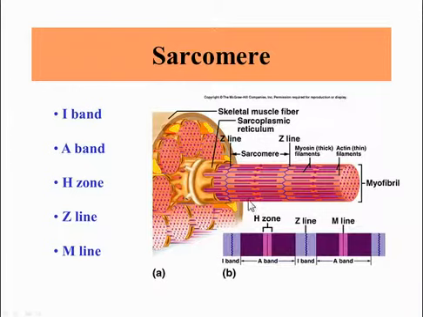If you have a layer of this thick myosin and then a layer of this thin actin, in this area right here, you're looking through a very thick layer of tissue sample. So it's going to appear dark because you're looking through both the actin and the myosin.